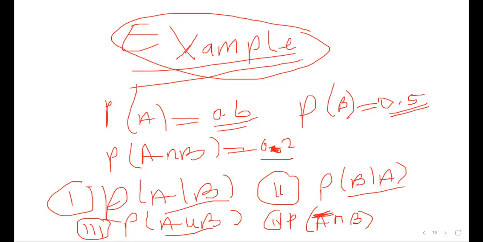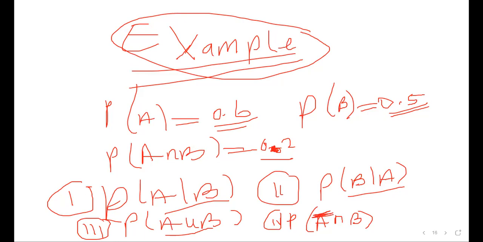The first one is 0.4, the probability of A given B. Okay, that's very correct.